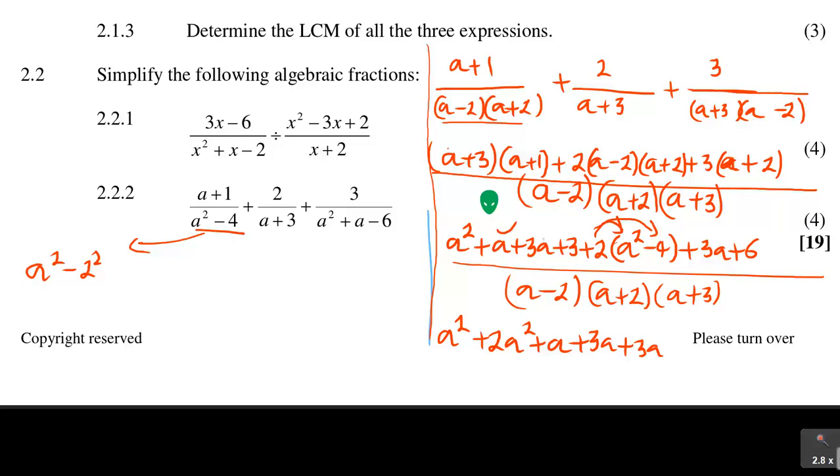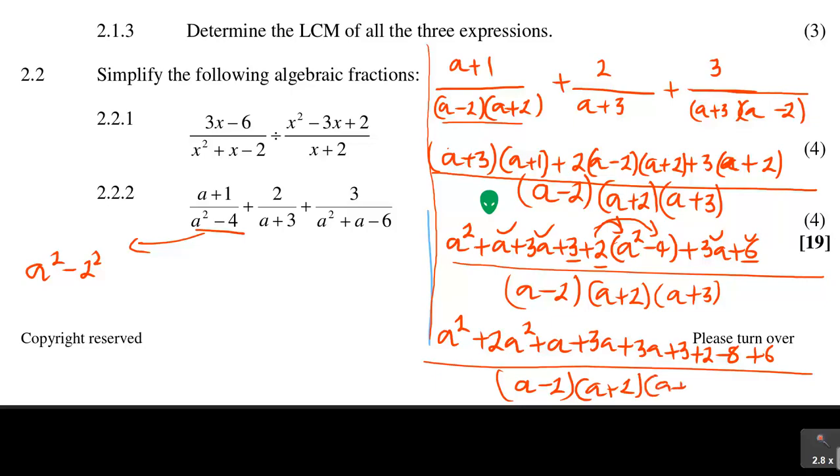So I'm looking at a, 3a, and that 3a, and then on the numbers I've got plus 3, which is that, plus 2, and then 2 times minus 4 is minus 8, and then after that one is that one, which is plus 6, over the same denominator, which is a minus 2, a plus 2, and a plus 3.